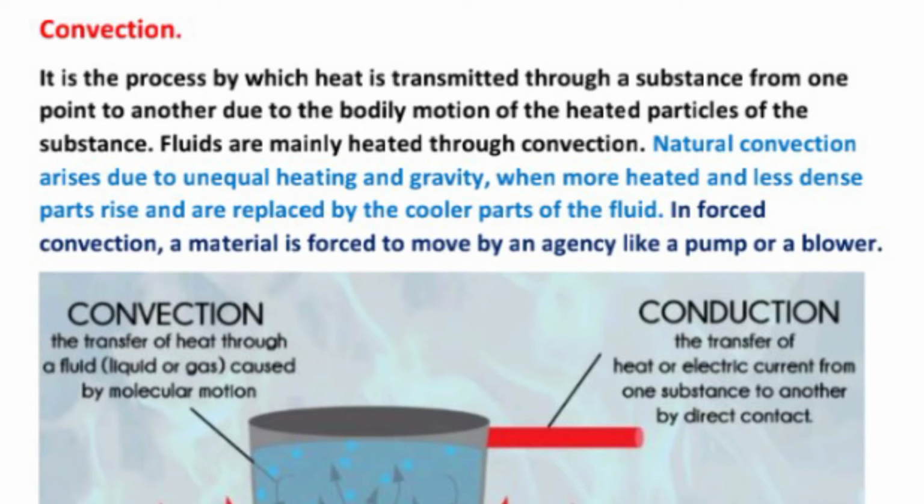Natural convection arises due to unequal heating and gravity, when more heated and less dense parts rise and are replaced by the cooler parts of the fluid. In forced convection, a material is forced to move by an agency like a pump or a blower.